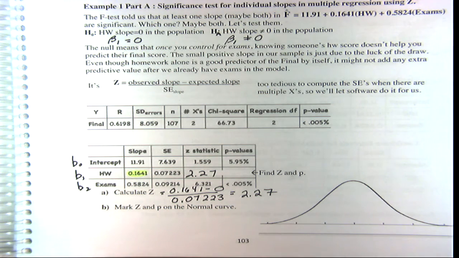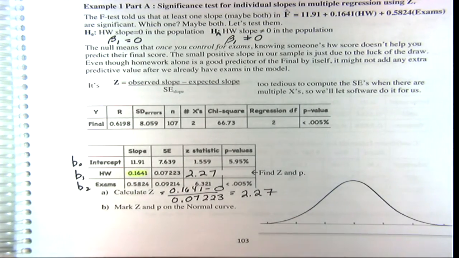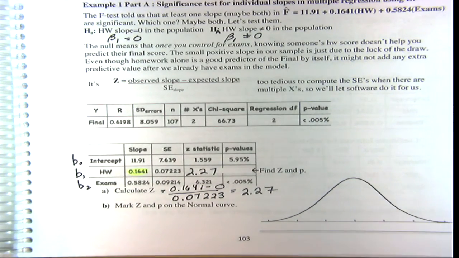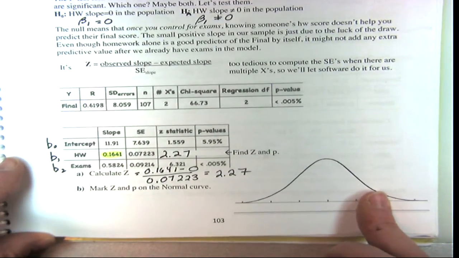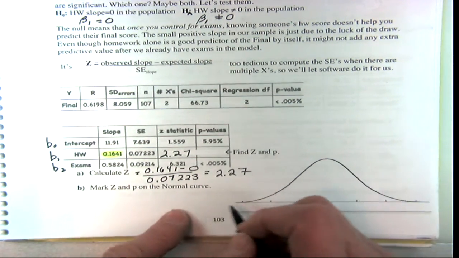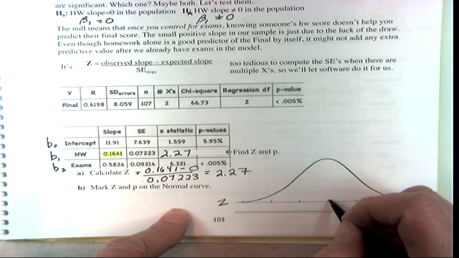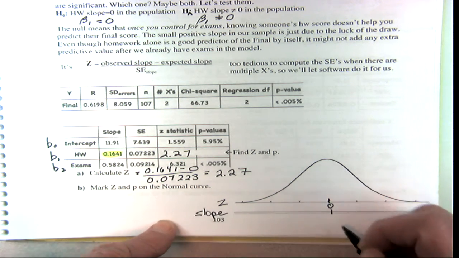And now we have to find the p-value. So we know it's normally distributed here. I'm doing a z-test. So as a z-score, we'd expect 0. Also, as a slope, we'd expect 0.